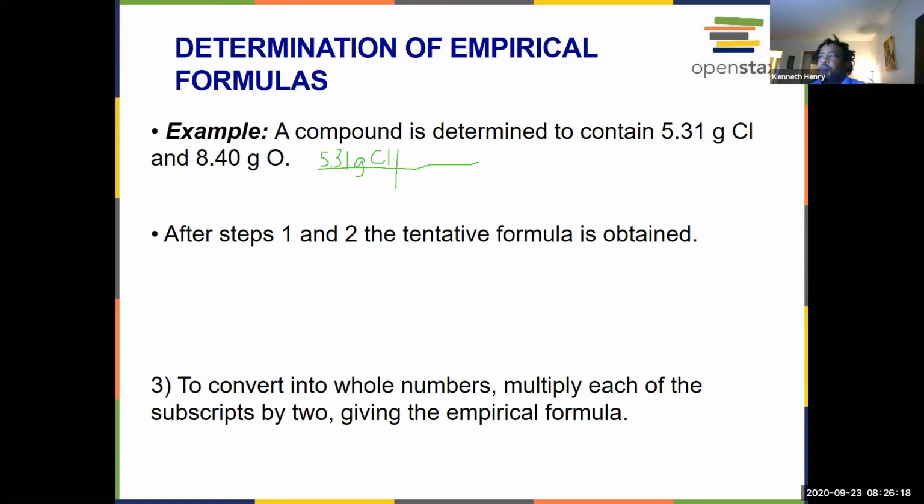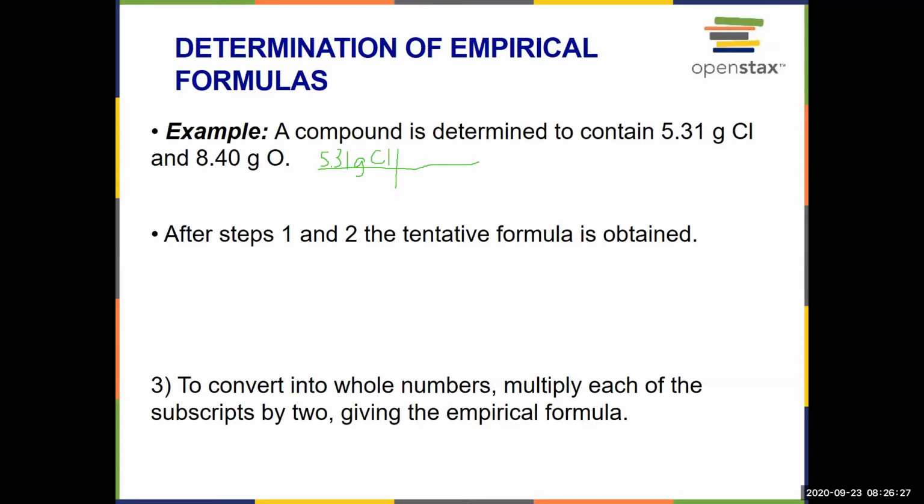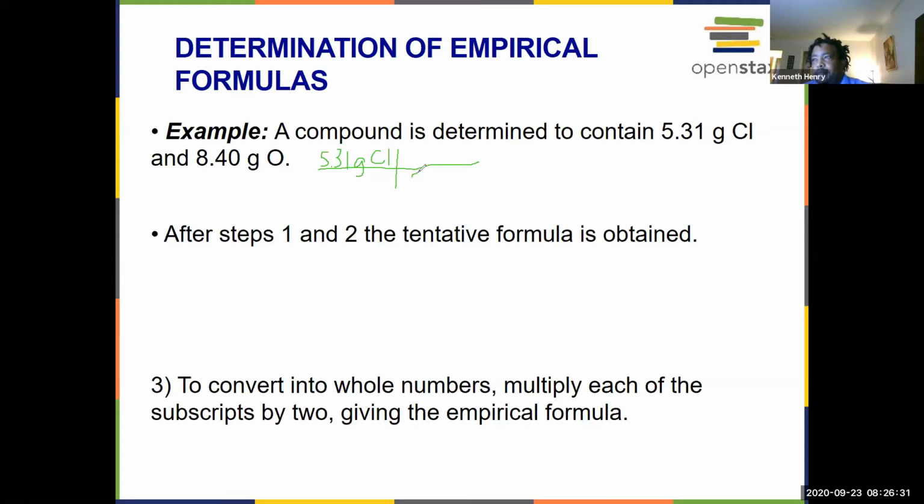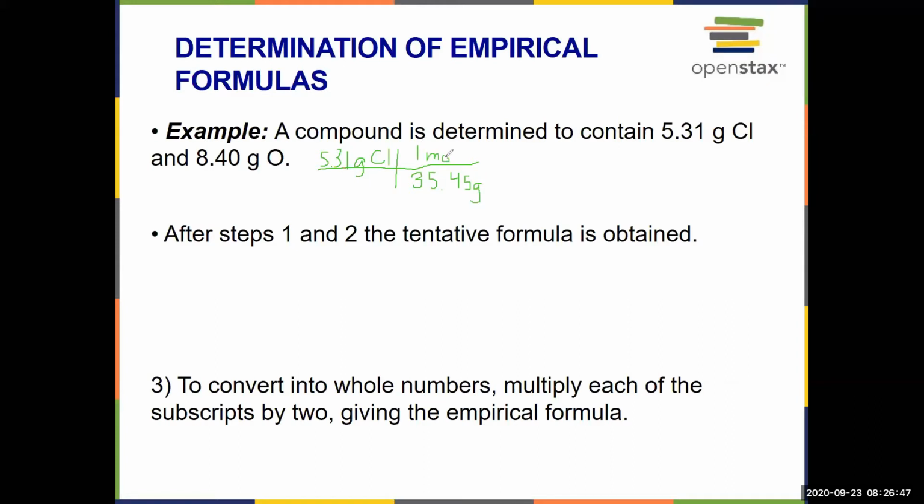Darlene, what is the molar mass of chlorine? The molar mass is 35.45. Okay. So am I going to put that on the bottom or on the top? On the bottom. Okay, 35.45. And what's on top? 1 mole. Okay.